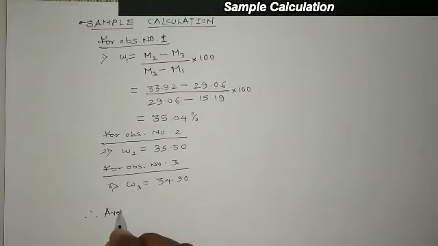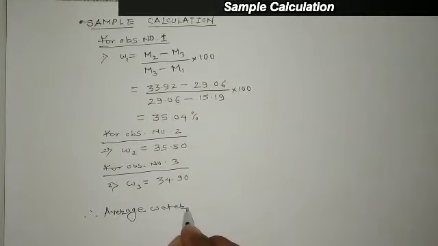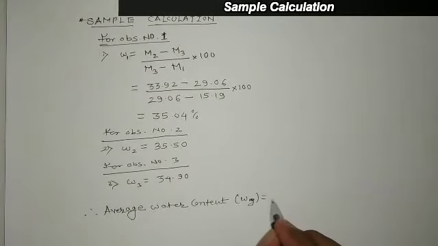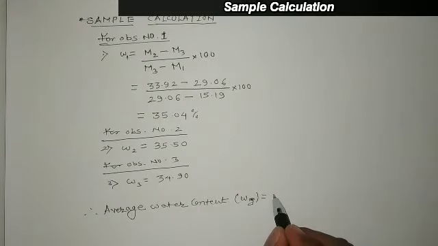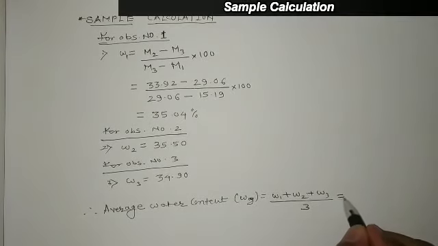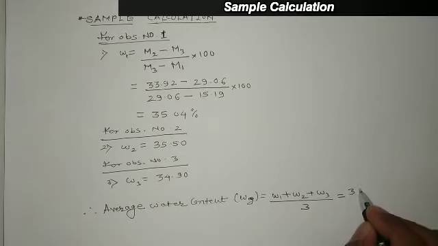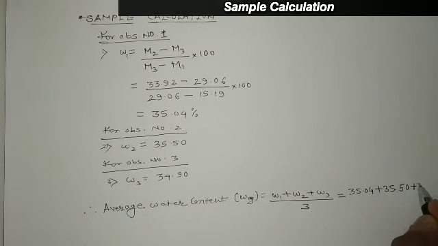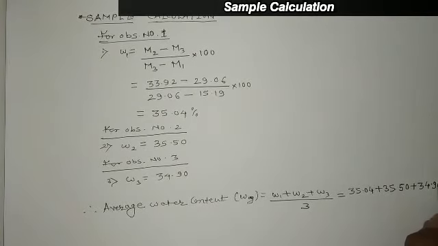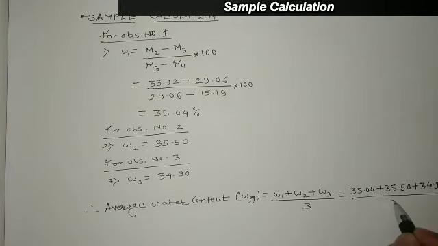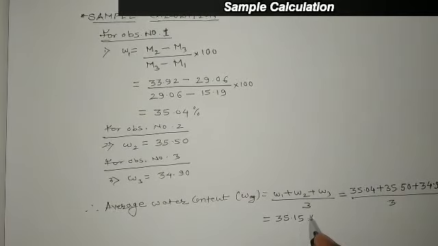Therefore, the average water content w_avg = (w1 + w2 + w3) / 3 = (35.04 + 35.50 + 34.90) / 3, which equals 35.15%.